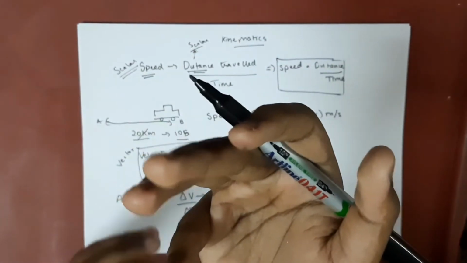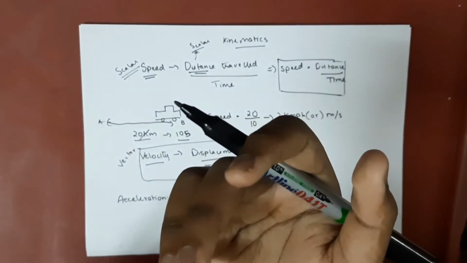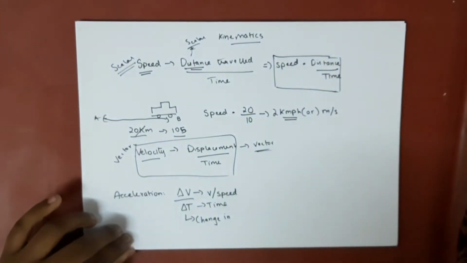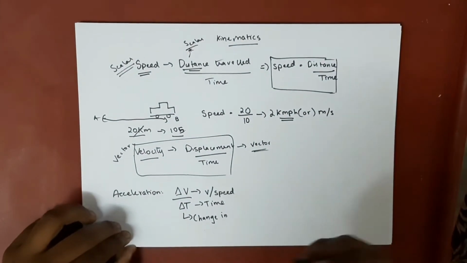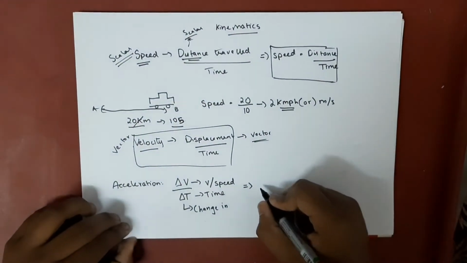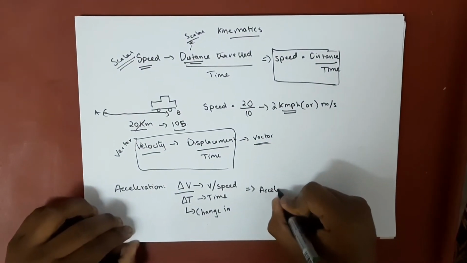And acceleration is the change in speed in a certain amount of time, increase or decrease. That can be anything. In other words, we can define acceleration like this.